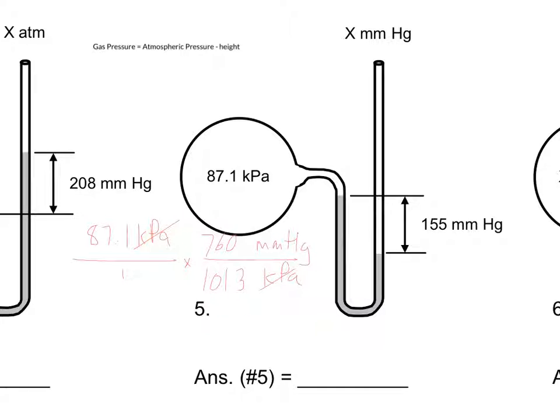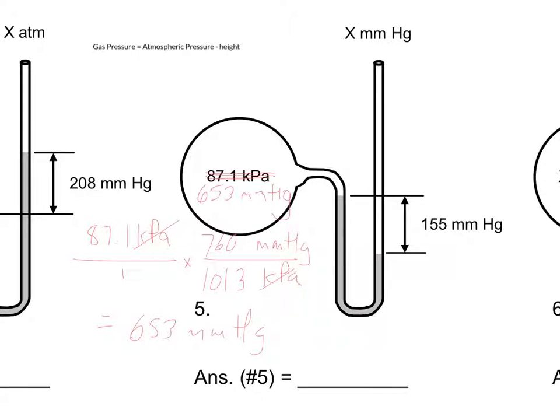When we plug this into our calculator, we get 653 millimeters of mercury. So what this means is this value here for our gas pressure is, in millimeters of mercury, 653. We can now plug these values into our equation that we have up here, and everything's in millimeters of mercury, so it should solve out correctly.